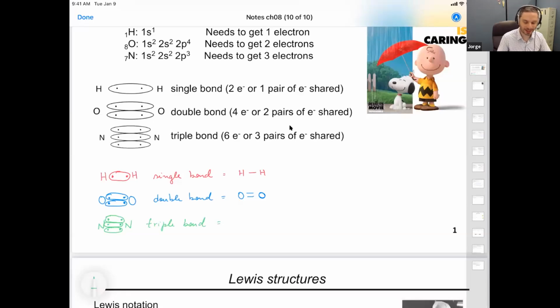We can represent a triple bond by 1, 2, 3 traces. Again, each pair being shared belongs to both atoms involved in the bond.